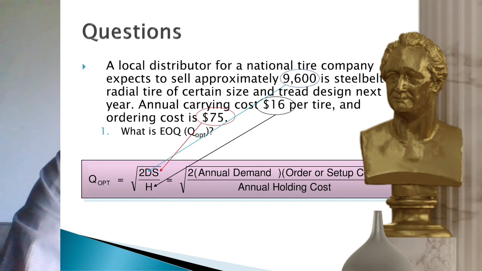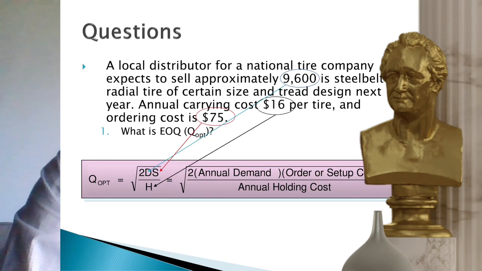The annual carrying cost is $16 per tire, or you can change the unit. And the ordering cost is $75 in this question.